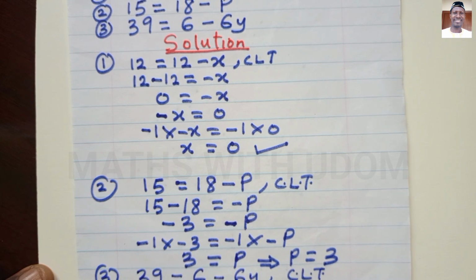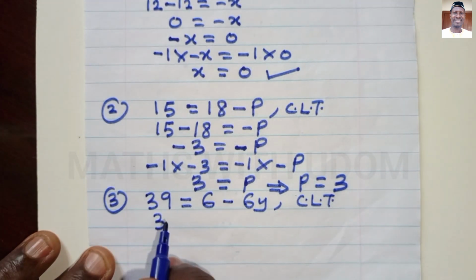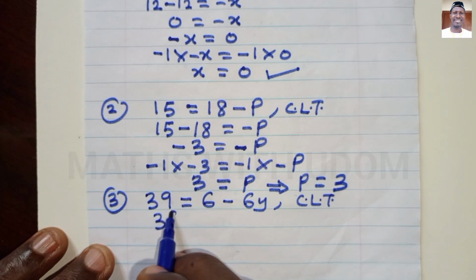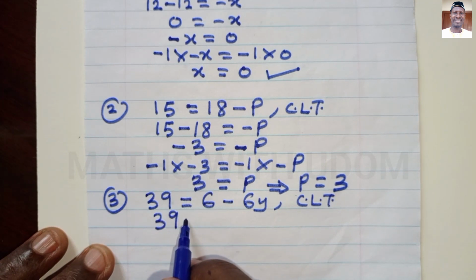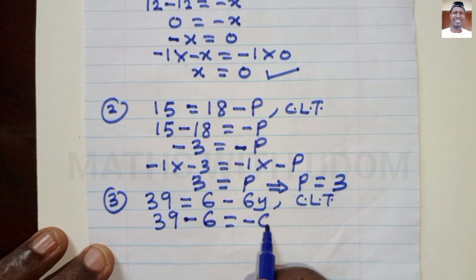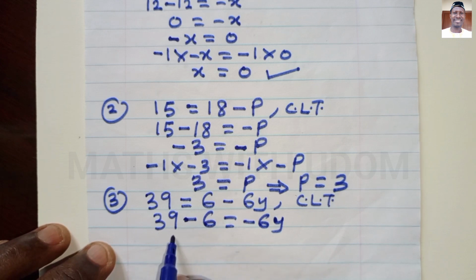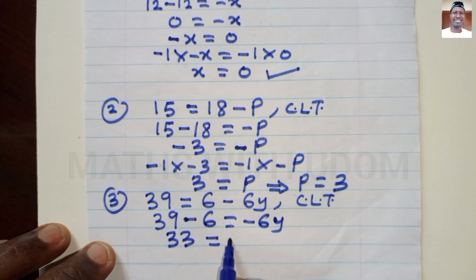When you collect like terms, we have 39. 6 will cross over to the other side, and the sign will change from plus to minus. Equals minus 6 is left here, minus 6y. So 39 minus 6 is equal to 33 equals minus 6y.